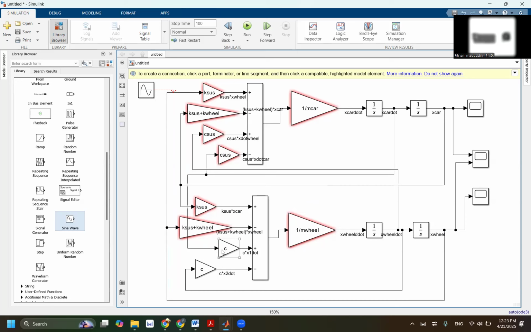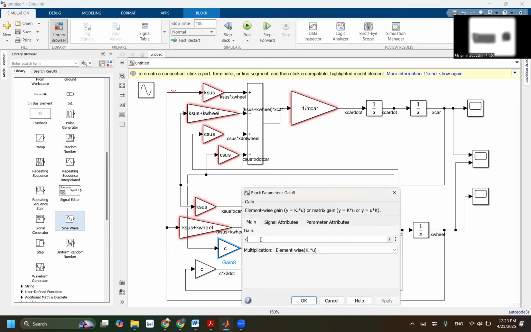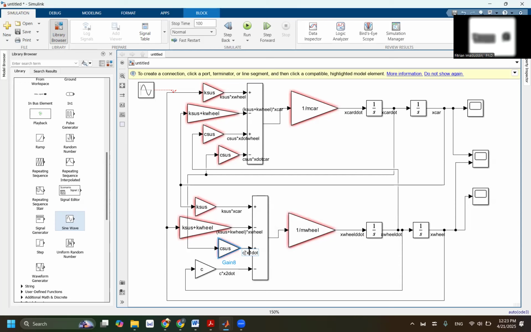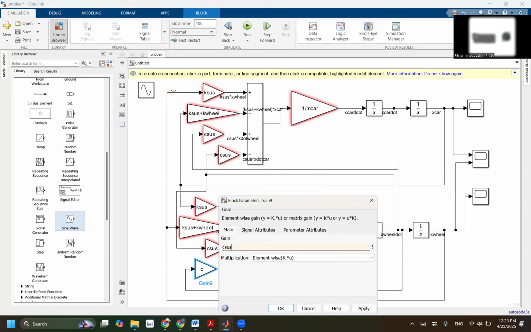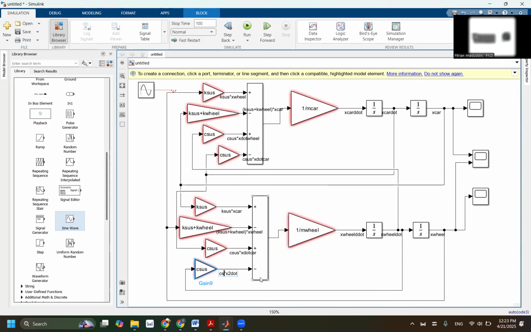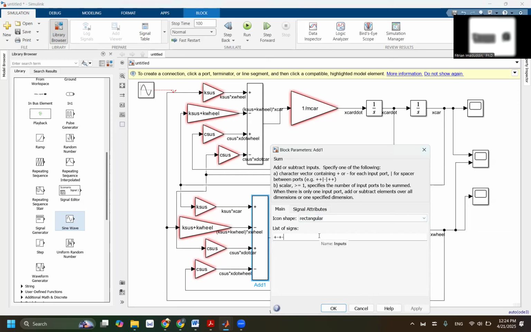Okay. And then this one is CSAS multiplied by X dot car. This is CSAS multiplied by X dot wheel. That is not enough. I have to add two more, which is plus and plus.